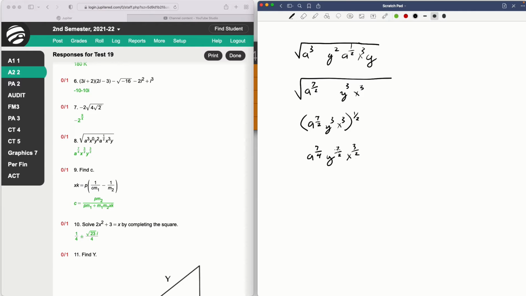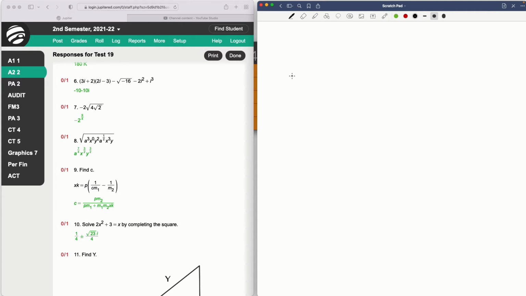Okay, find c. So xk equals p(1 over cm1 minus 1 over m2). And these are not, if I remember right, the same m.